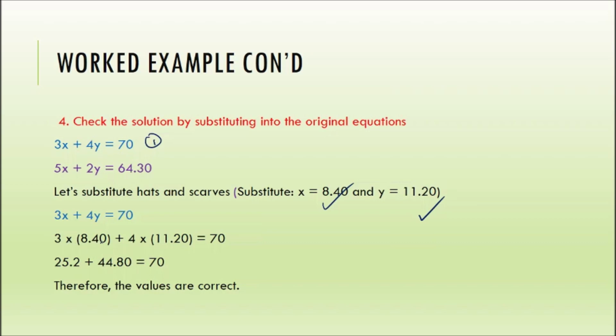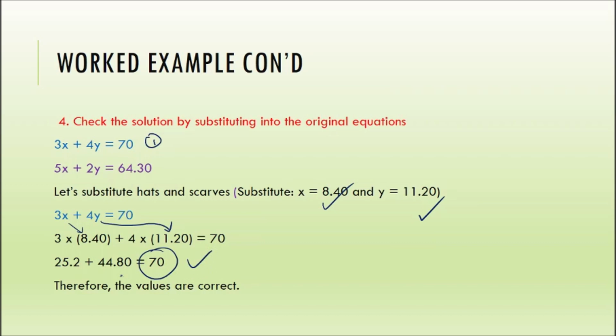So 3 times 8.40, because 8.40 is x, and 4 times 11.20 because y is 11.20, equals 70. If we solve that on the calculator, it gives us 25.20 plus 44.80, which equals 70. So they actually add up to give me 70.